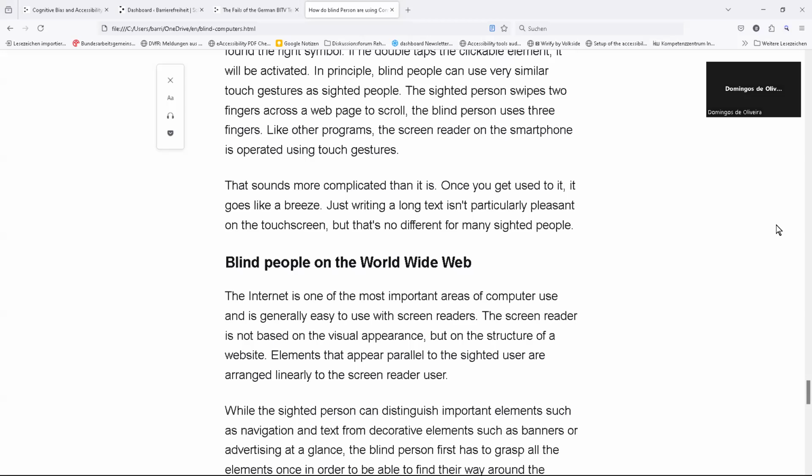On the World Wide Web, we also have different possibilities to use a website comfortably. For example, we can jump from heading to heading to make it easier to surf on a website, or we can read out the alternative texts of graphics, or we can let the screen reader read form elements like an input field, a checkbox or a radio button and things like that.